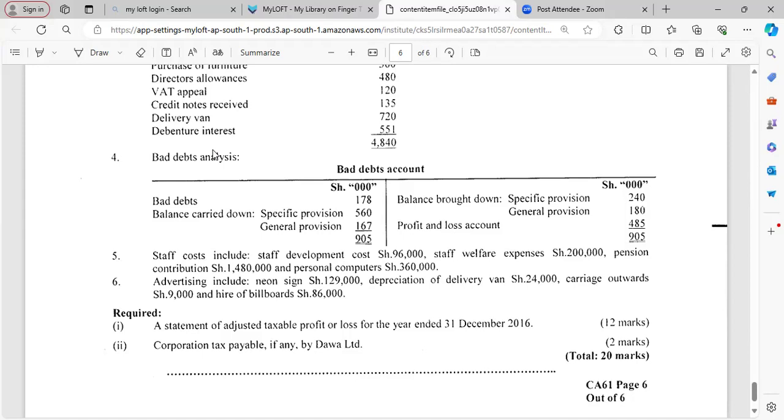Advertising includes non-signed Kenya shillings 129,000, depreciation of delivery van Kenya shillings 24,000, carriage outwards Kenya shillings 9,000, and hire of billboards shillings 86,000. Required: a statement of adjusted taxable profit or loss for the year ended 31st December 2016. Roman 2, corporation tax payable, if any, by Dawa Limited.